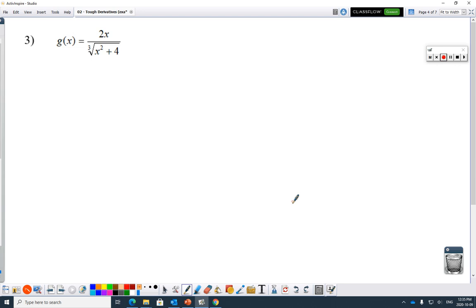Quotient rule with chain rules inside and a troublesome exponent. This one's got it all. You can land this thing, you can land anything. So let me slow down here. I'm going to get this thing ready.